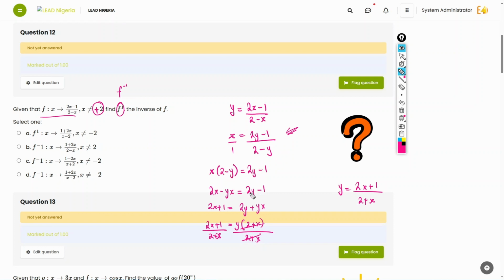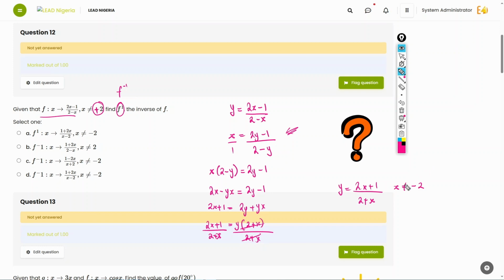Then I expanded, so 2x minus yx, good, 2y. Then moved 1 over, and then moved that over, and I factored out y. I had just 2 plus x left, divided both sides by 2 plus x. Yes, so it's correct. So the correct answer is y is equal to this, and the restriction is x cannot be equal to -2.